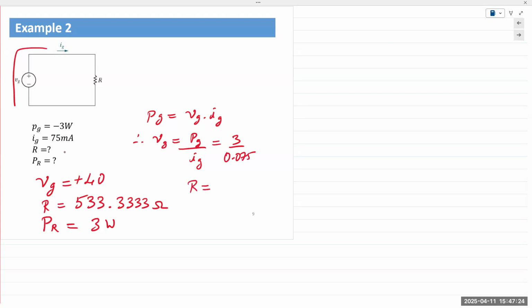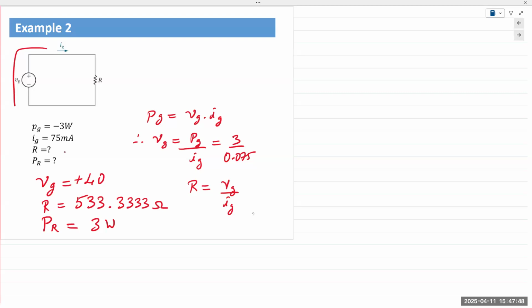R can be found from that voltage because it's applied directly to the resistor R. So we have VG over IG and should arrive at 533.333.